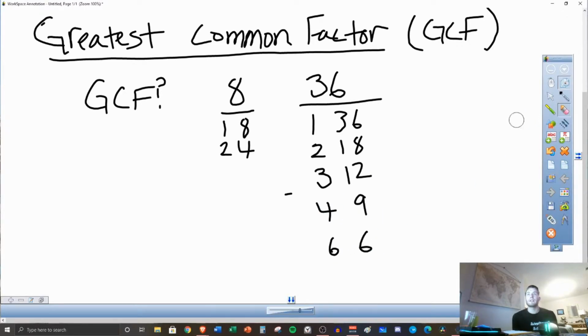So that one has a lot more factors. All right, what is the greatest common factor if we look at all of these that they share? Well, 8 is the greatest on this one, but is there an 8 over here? There's not. Okay, so then we go to the next highest, 4. And I see a 4 here. So the GCF that you should have put is 4. It's their common factor. All right?